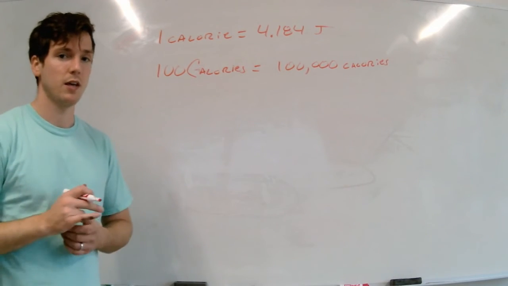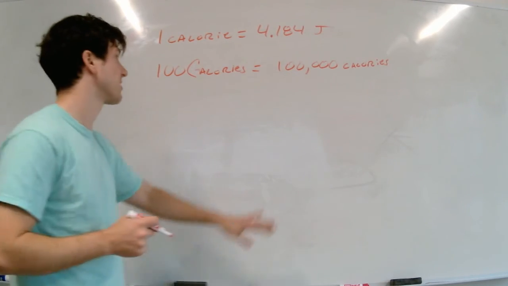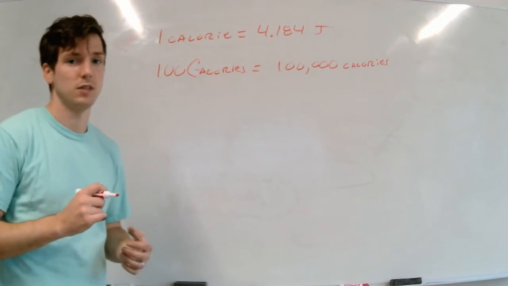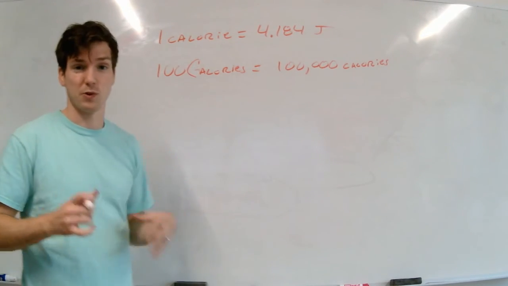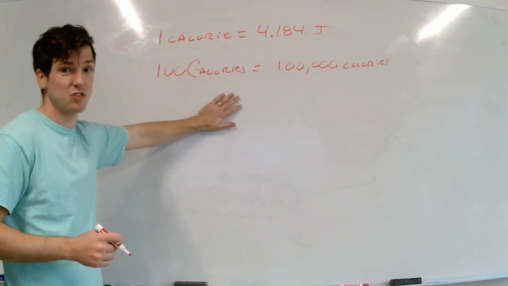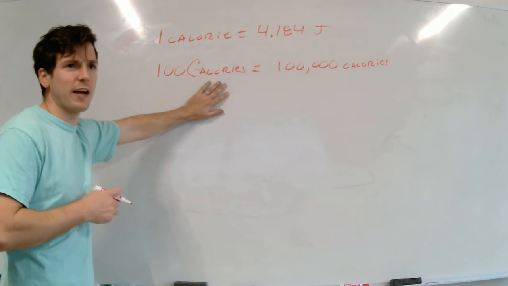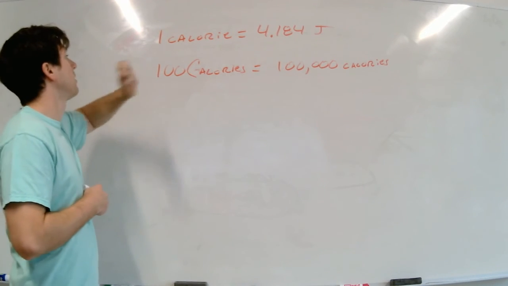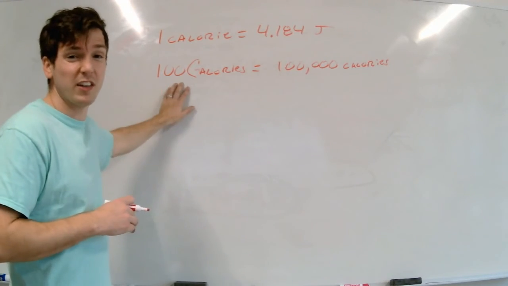So if the soda says 100 calories, you're actually ingesting 100,000 calories. Okay, so what we're dealing with is the smaller version. We're dealing with just the most basic. Don't be confused by what's on your food labels. Just know that they're lying to you, and you're actually getting 1,000 times more calories than you think. Okay, so in our situation, we're dealing with the small one. On food, it's all kilocalories.